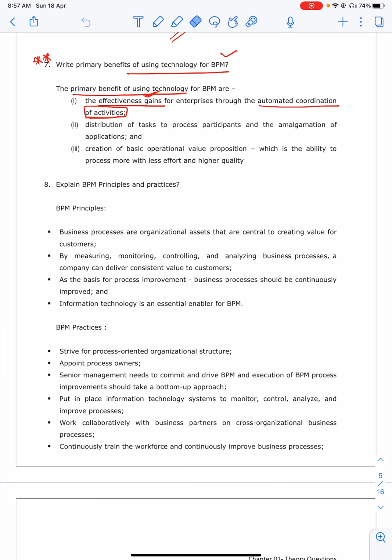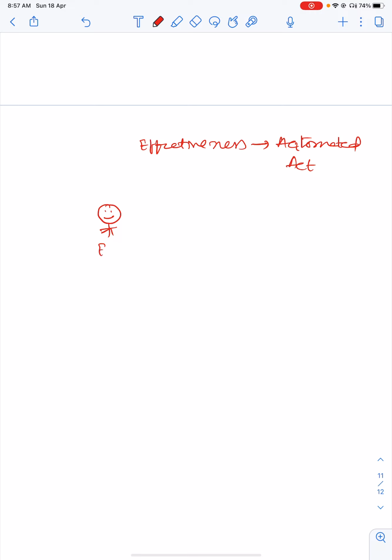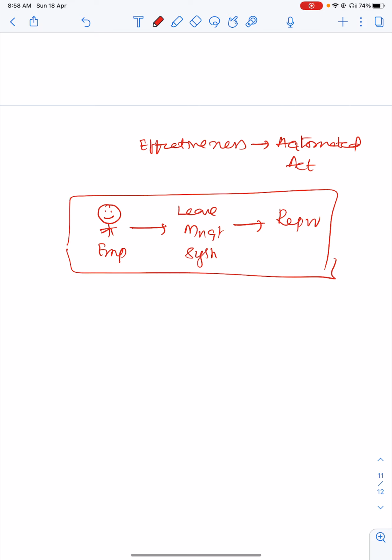Automated coordination of activities, and effectiveness can be achieved. In the leave management system, an employee gives the details and a reporting manager will approve it. Once you define this, we can automate, and once you automate, we can achieve effectiveness.